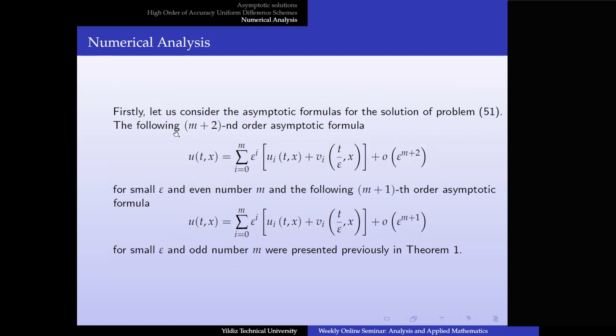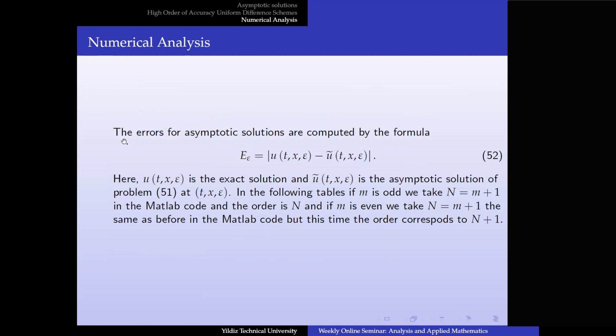The first one is the m plus second order asymptotic formula for small epsilon and even number m. And the second formula is the m plus first order asymptotic formula for small epsilon and odd number m. The second one is for odd number m, and the first one is for even number m.